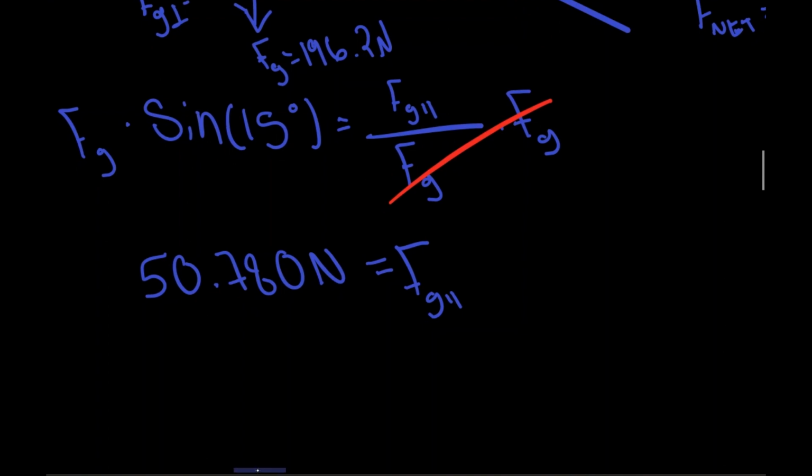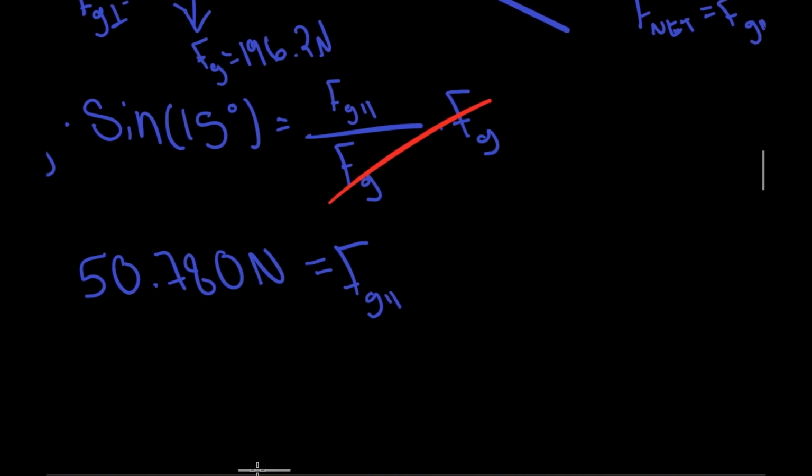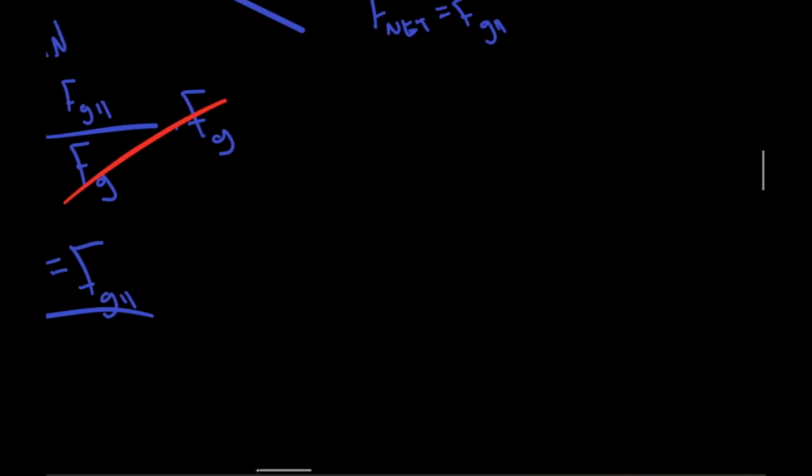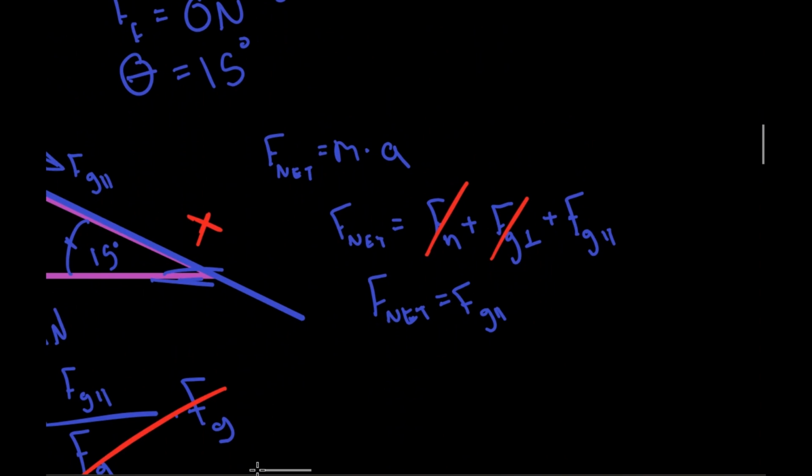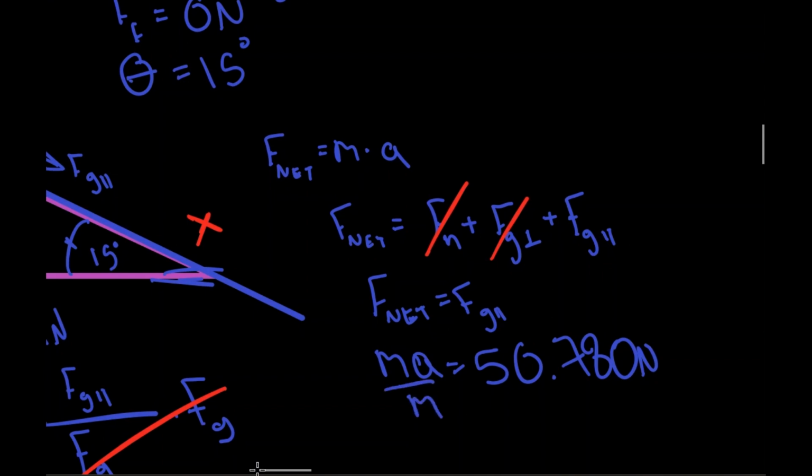Okay, so now that we have the force of gravity parallel, we can find acceleration. As we previously said, force of net is equal to mass times acceleration, and our force of gravity parallel is 50.780 newtons. To isolate acceleration, we can divide both sides by m, and the mass will cancel out on the left side.